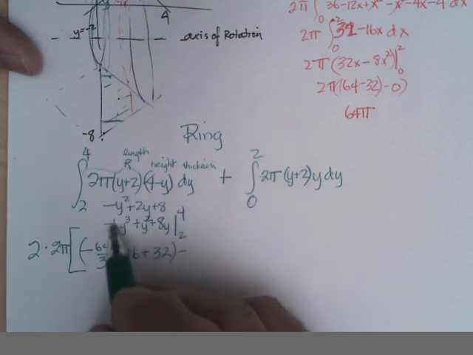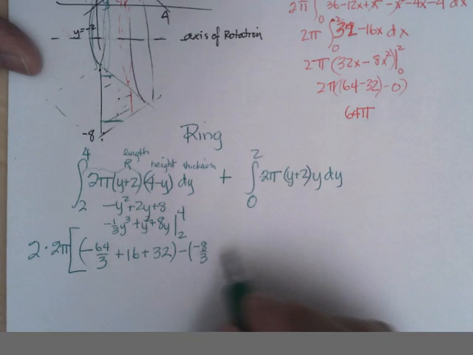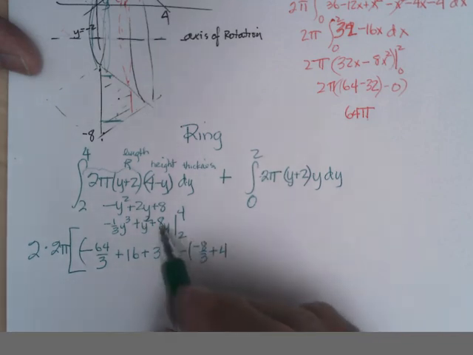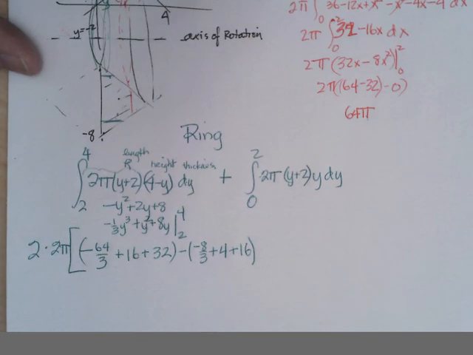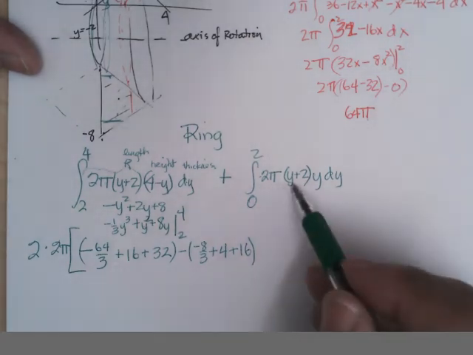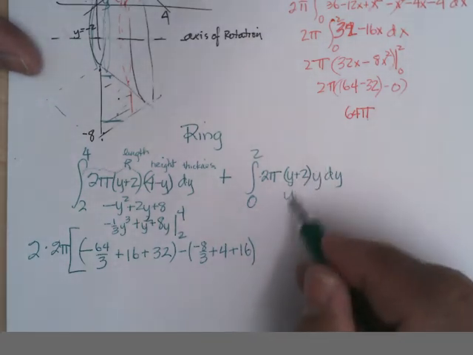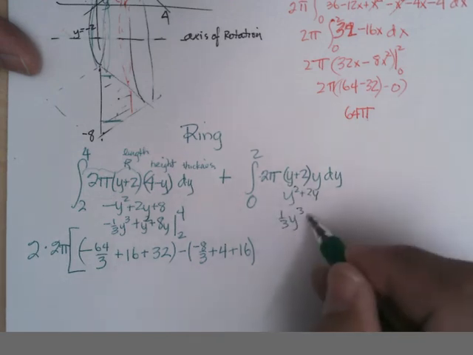putting in 2, I'm going to get negative 8 thirds plus 4 plus 16. And then over here I'm going to get y squared plus 2y, whose antiderivative would be 1/3 y to the third plus y squared.